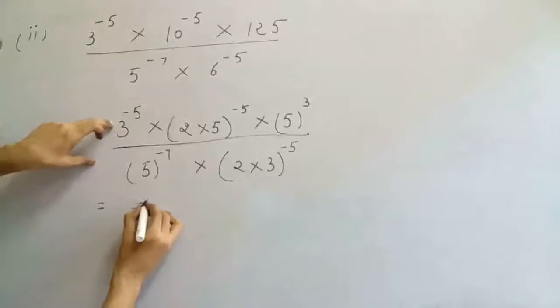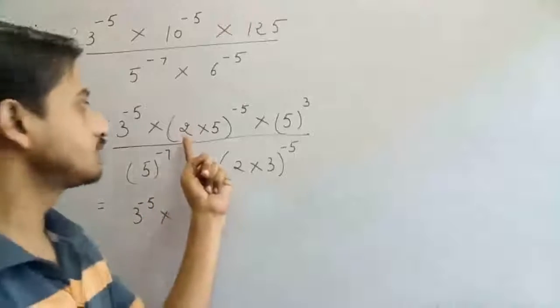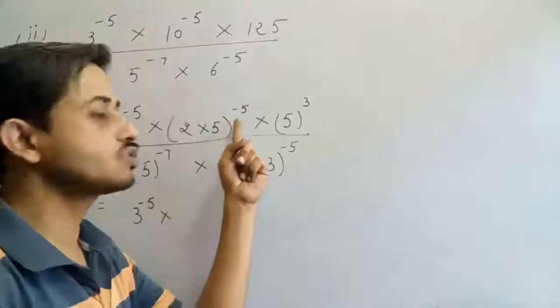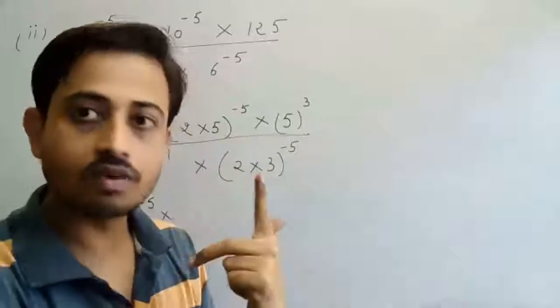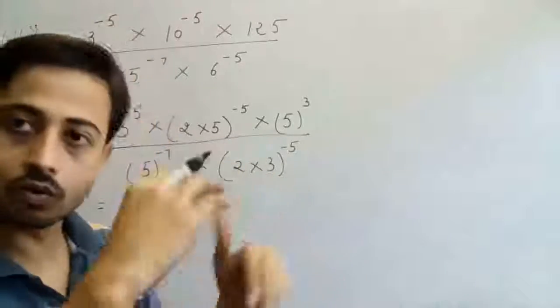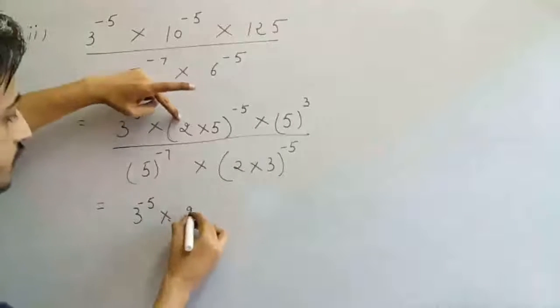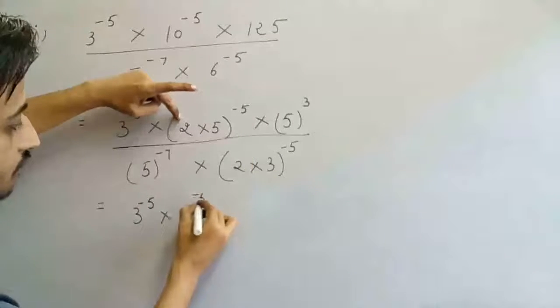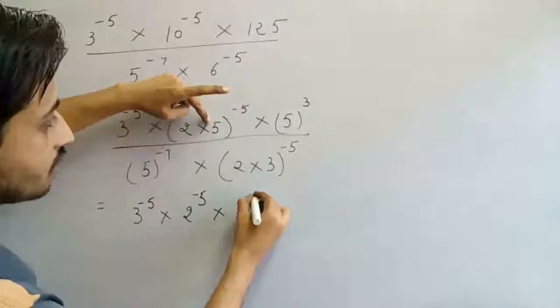3 raised to the power negative 5 multiply, where there is 2 into 5 raised to the power negative 5. It means 2 also has a power of negative 5 and 5 also has a power of negative 5. So this can be written as 2 raised to the power negative 5 multiply 5 raised to the power negative 5.